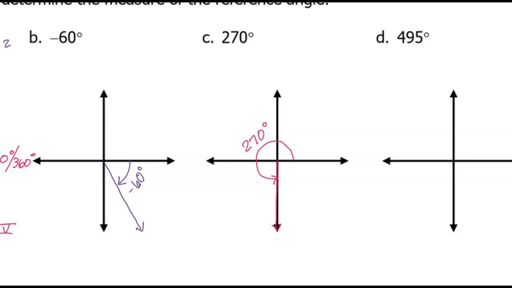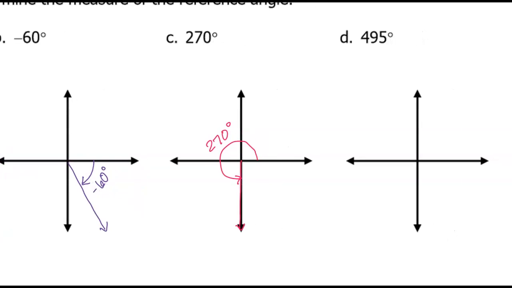Now, where is the 495 degree angle? How did you get that? Yes. We know that 495 is more than a full circle. So if we subtract 360, we get 135. And guess what? We've already drawn that angle on part A. We know where it is.